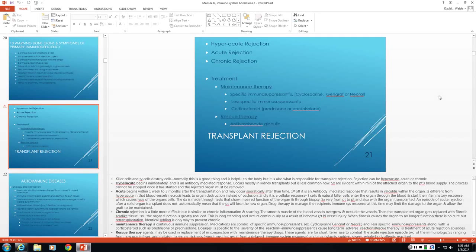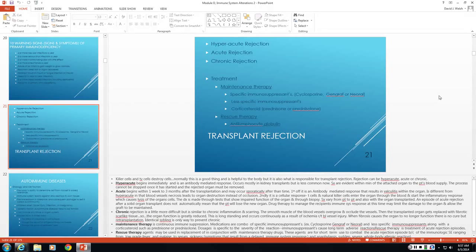It's different from hyperacute in that the blood vessel necrosis leads to organ destruction instead of occlusion. Secondly, it's a cellular response. So T cells and natural killer cells enter the organ through the blood and start the inflammatory response, which causes the lysis of the organ cells. Now, the diagnosis is made through tests that show the impaired function of the organ through biopsy.